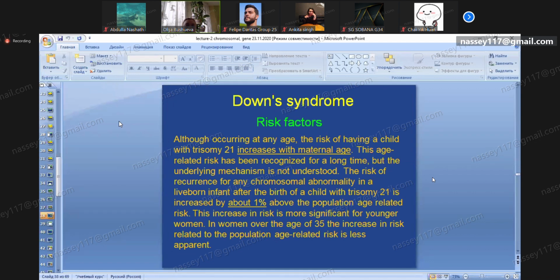The risk of recurrence of any chromosomal abnormality in a live-born infant after the birth of a child with trisomy 21 is increased by about 1% above the population age-related risk. This increase in risk is more significant for younger women, and in women over the age of 35, the increase in risk relative to the population risk is less apparent.